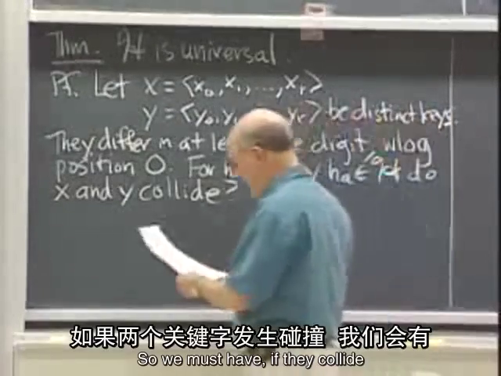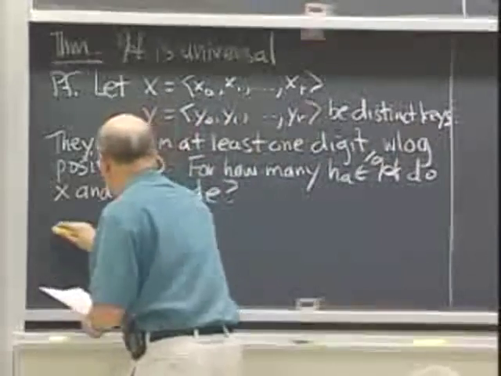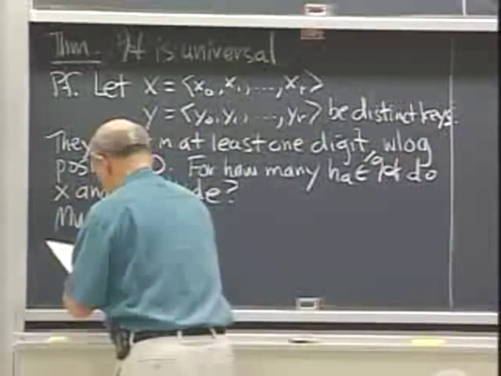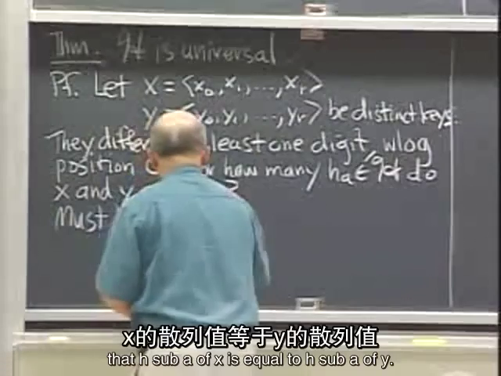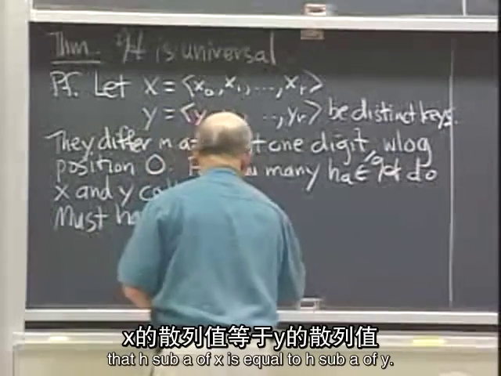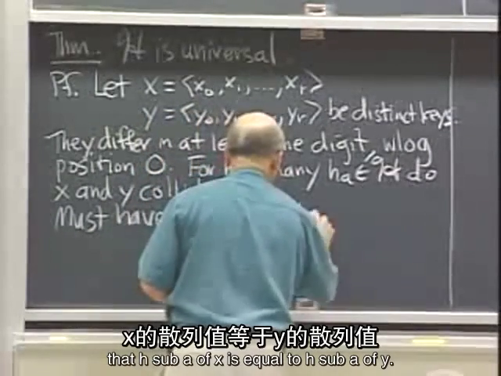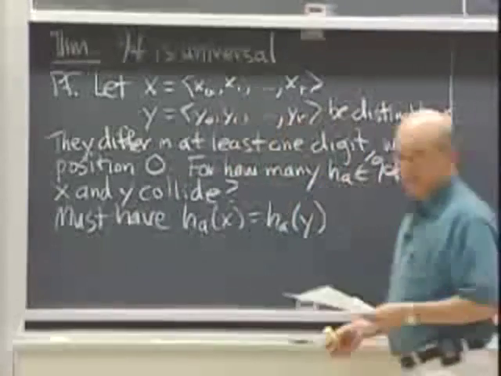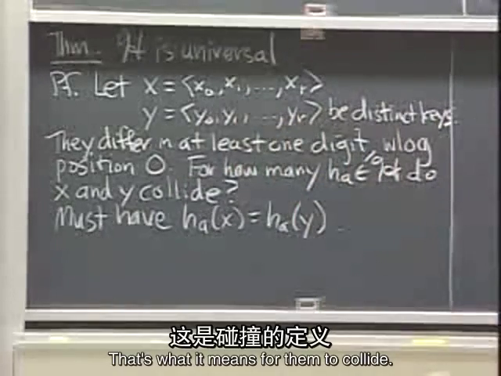So we must have, if they collide, that h sub a of x is equal to h sub a of y. That's what it means for them to collide.